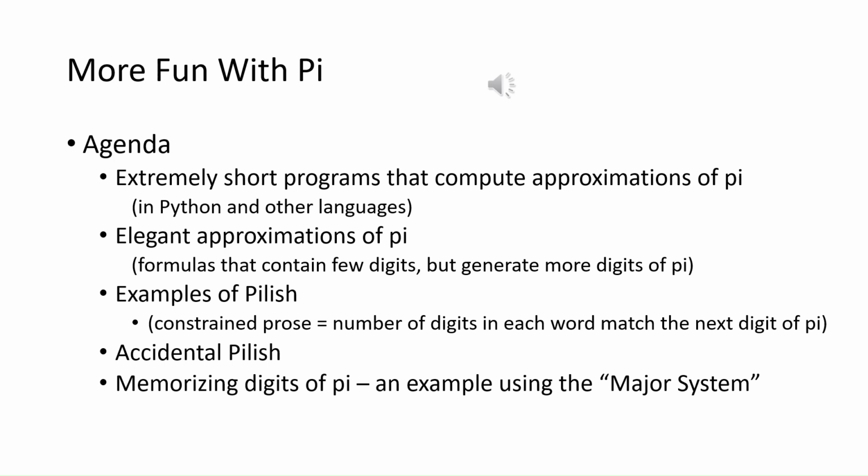Finally, the last topic Mike's going to talk about is memorization, because if you want to memorize and be in contest with lots of digits of pi, there's some memory tricks that Mike can tell us about.